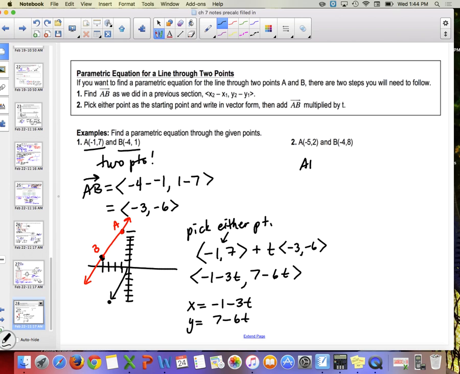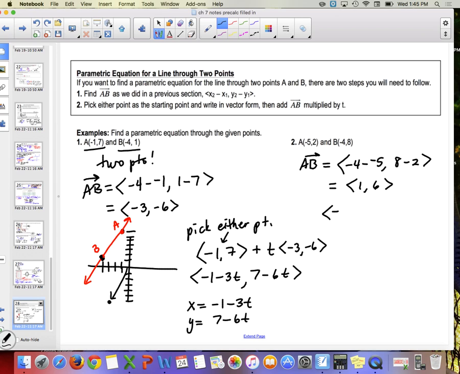So if I have AB here, AB is going to be x2 minus x1, so -4 minus -5, and then 8 minus 2. So I get 1, 6. Then I multiply by t and add it to any point.